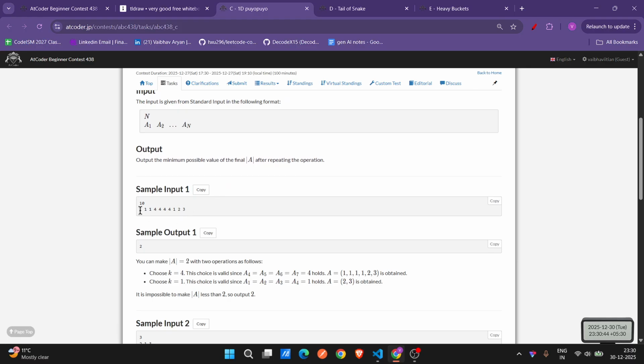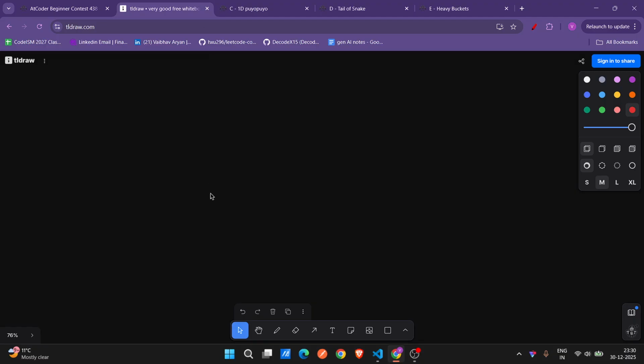So what you can do is, you have this. When you get four indexes having the same value, you can remove them, and then you again get these four. Means you have an array 1 1 1 4 4 4 4 1, and then you have 2 3.